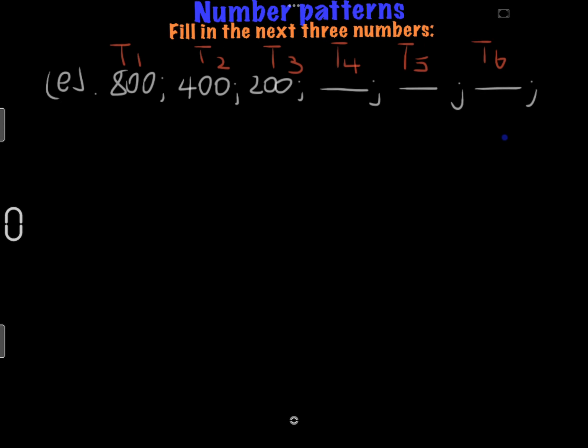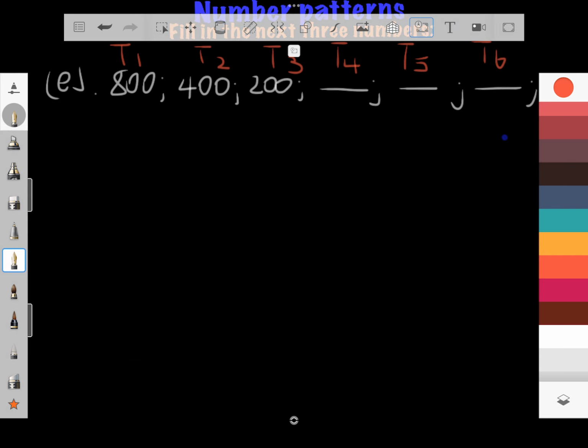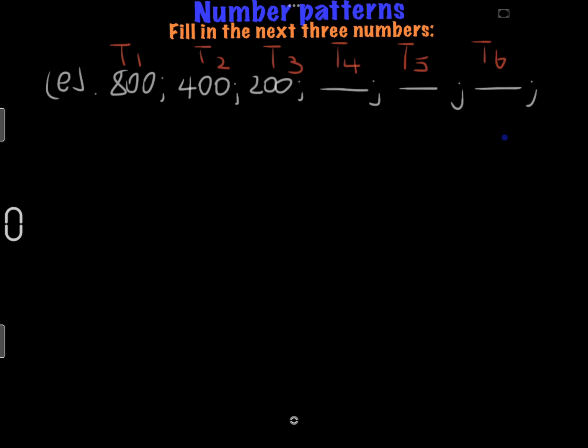Now, we know that geometric patterns deal with ratios. So we know R is equal to term 2 divided by term 1. It should be equal to term 3 over term 2.